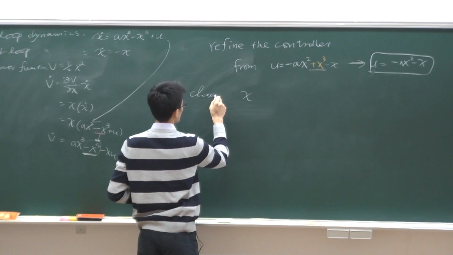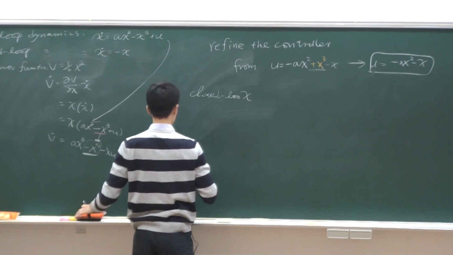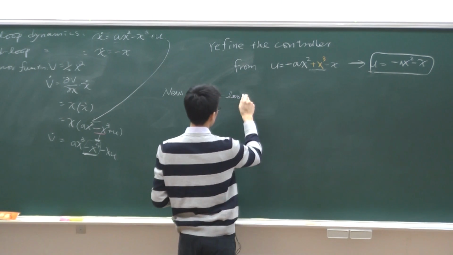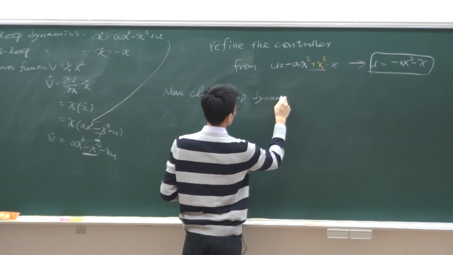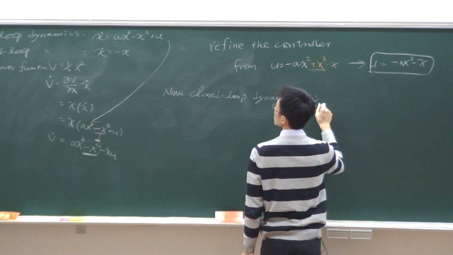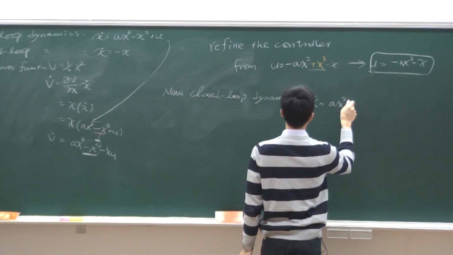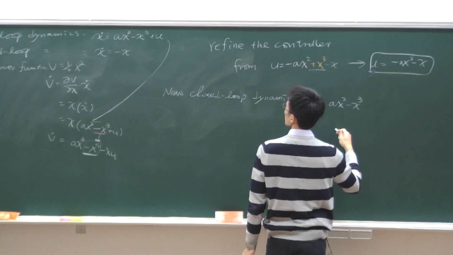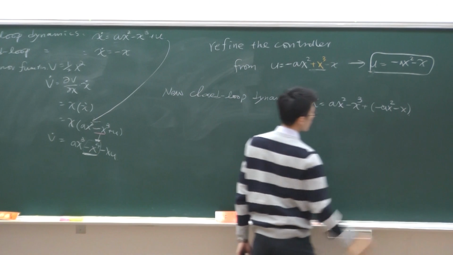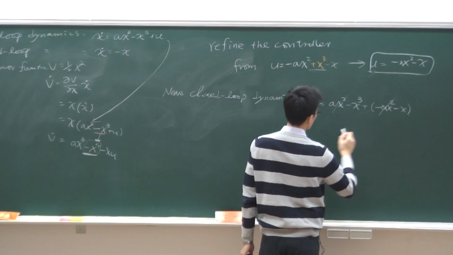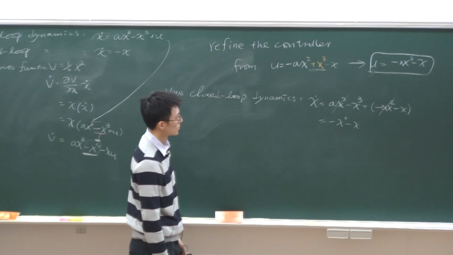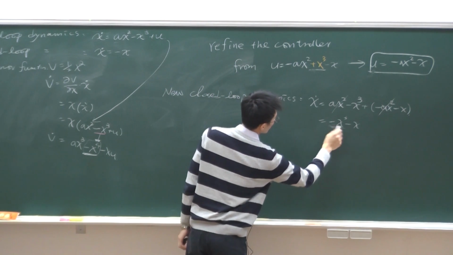The new closed loop dynamics becomes what? x dot equal to ax squared minus x cubic plus minus ax squared minus x, right? And these terms cancel out. That gives you, right? So this term has been recovered, okay?